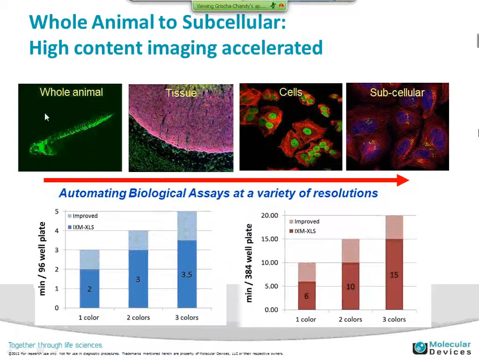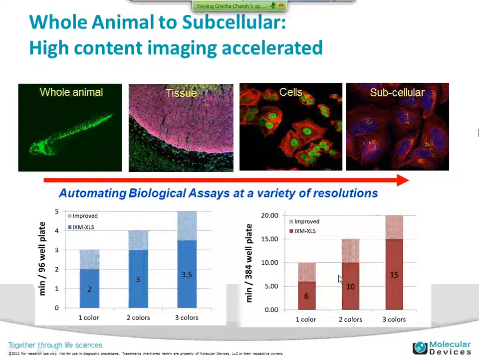So the ImageXpress Micro is used for a wide variety of high-content imaging, all the way from whole animal to subcellular. Vicky concentrated on subcellular events in developing modules, but people do things with a wide range in between. And now the XLS has improved the speed at which you can acquire that data.